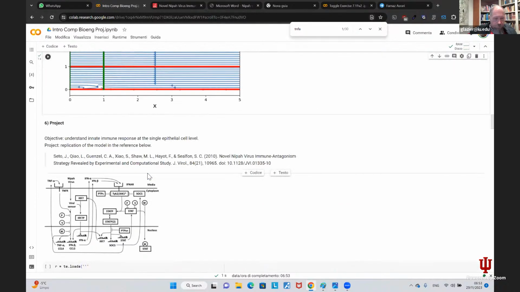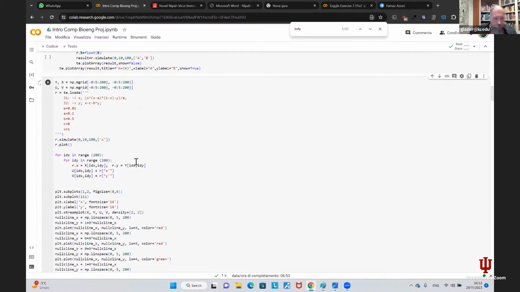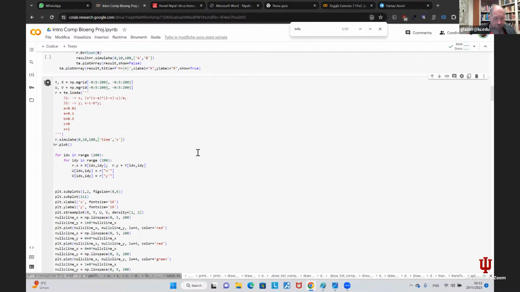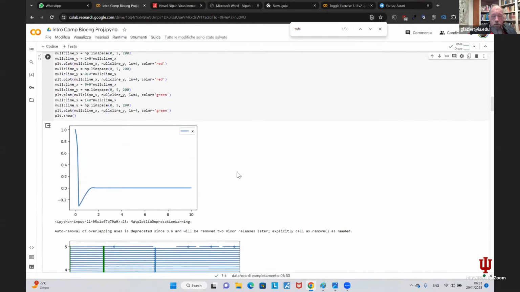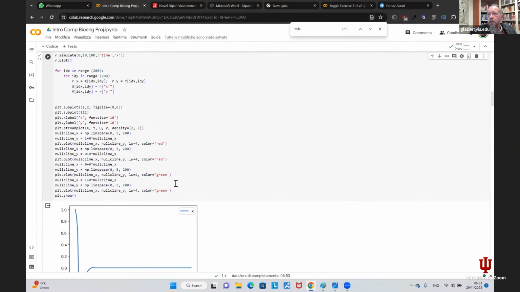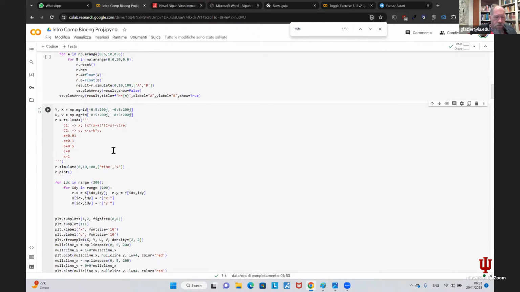You're only putting out X. You need to put out T and X. There we go. That still doesn't look quite right to me. Start with an initial value of U of 0 or X of 0. Okay, and now run it.